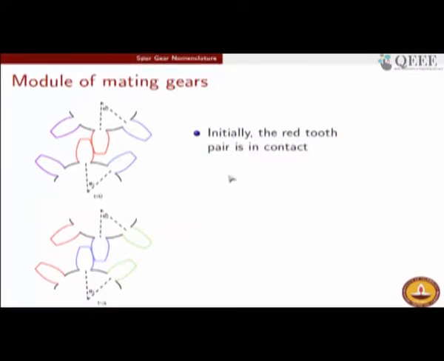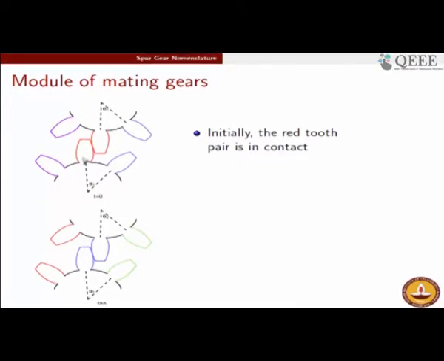What I have shown here is two time instants when a pair of gear teeth is in contact. At time t equals 0, we have this picture where the red pair of teeth is in contact, and at a later time instant the engagement has changed. The red pair of teeth has now lost its contact and the contact has now come to the blue pair of teeth, right.